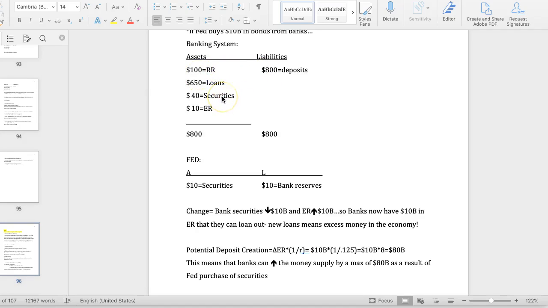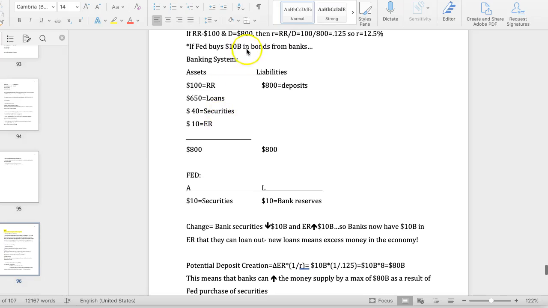Now they've got 40 as securities and 10 as excess reserves, because the Fed has taken $10 billion of those securities away. They've purchased them, and in exchange, they've given the bank the $10 billion. So the securities go down by 10, the cash goes up, and now that cash is excess reserves.